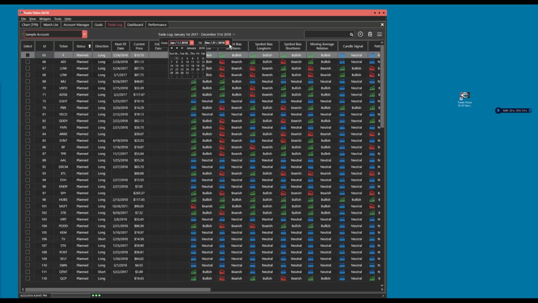You can also narrow things down. I've got 150, 170, whatever the number is, trades planned or executed here, but let's just say I want to look for the HubSpot trade.